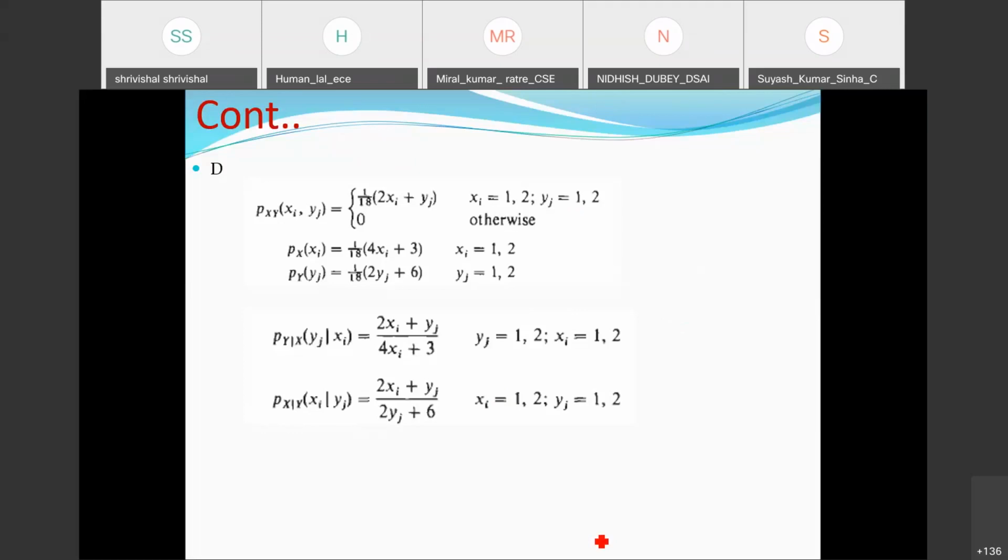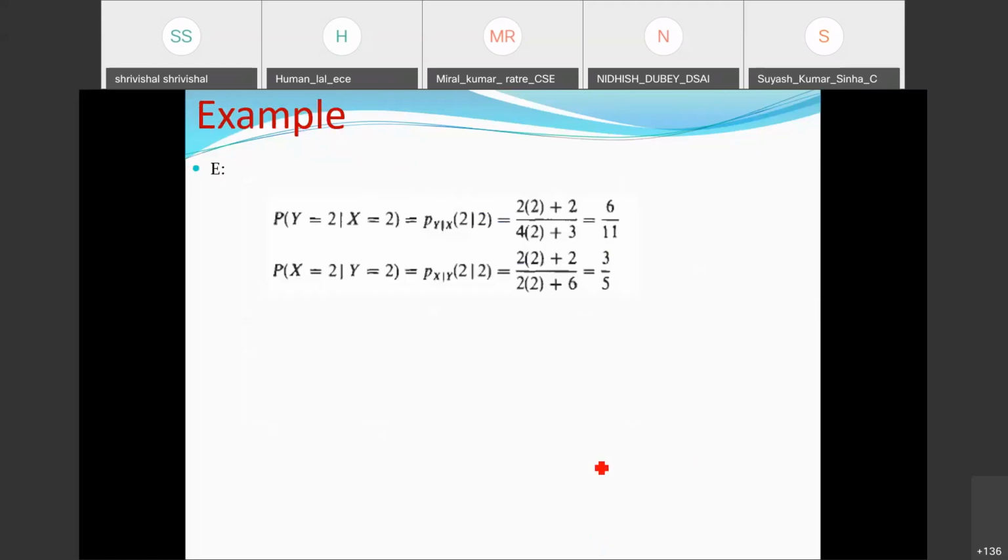Okay, what was the E part here? Okay, at least you have the idea. For the E part, if we are interested in the value of the probability for y equal to 2 given x equal to 2, we have already calculated the conditional values in the D part.